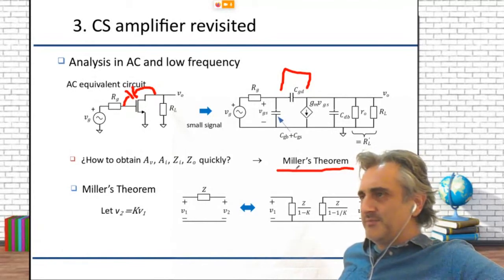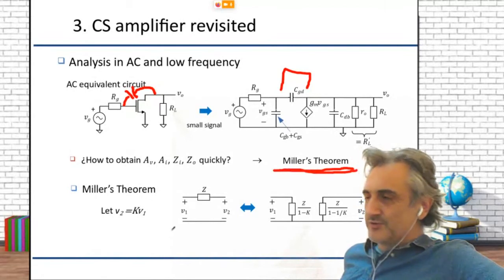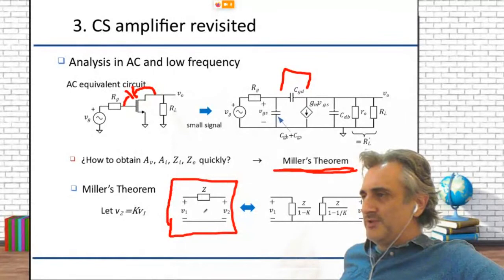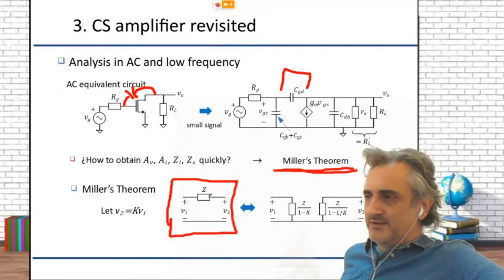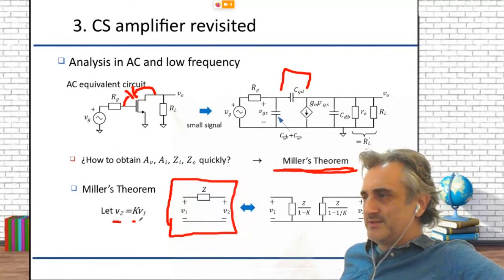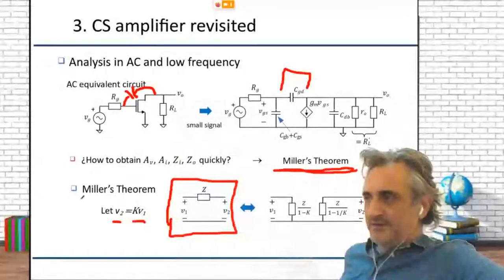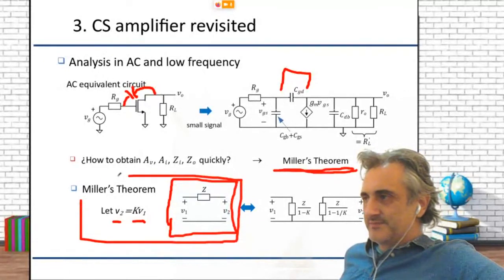Okay. Then Miller's theorem is a very useful theorem. The only thing it states, and it's also very easy to prove, it's just some calculations, is that when you have a line with an impedance in the middle, and both voltages are related by a gain, you can write this circuit as two separate circuits.